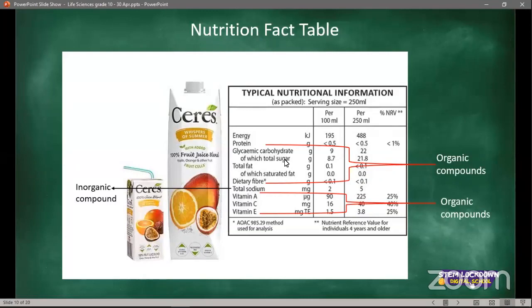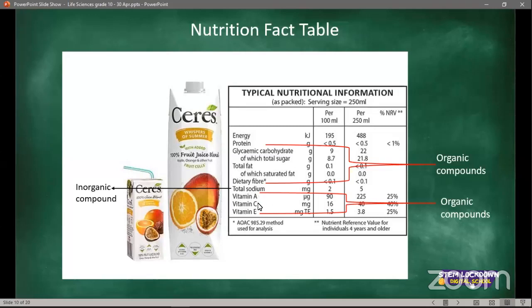For this juice, we know that the nutritional information there has energy, proteins, glycemic carbohydrates, total fat, dietary fiber, total sodium, and your vitamins.